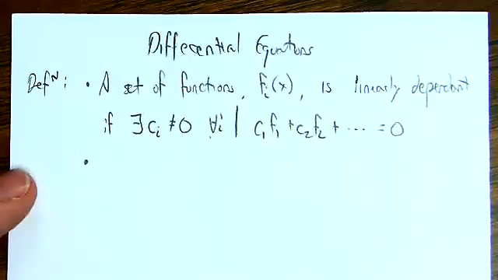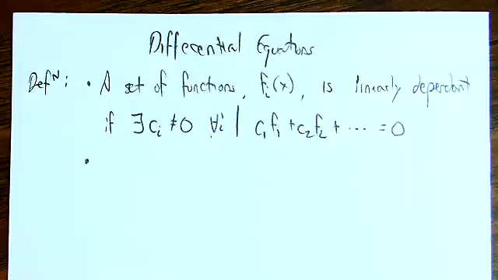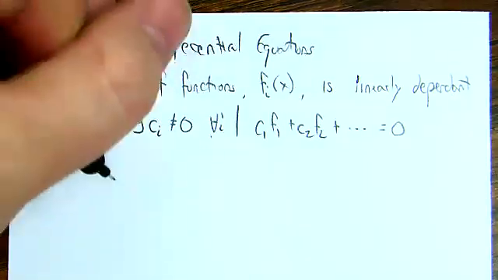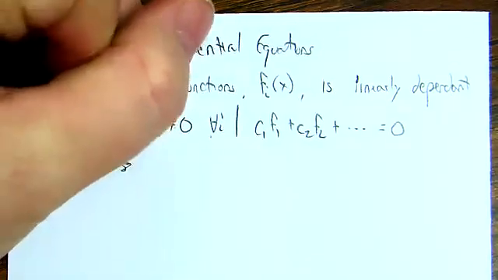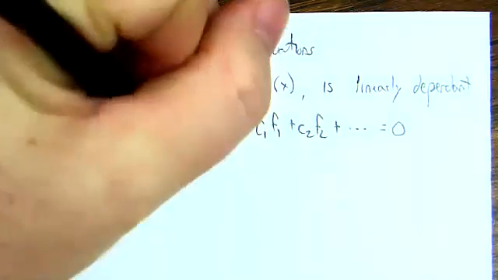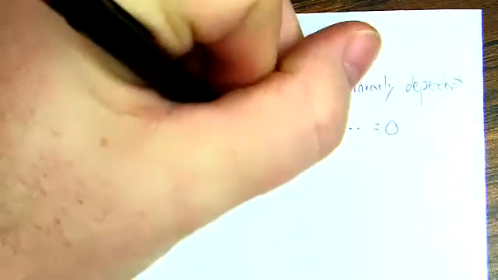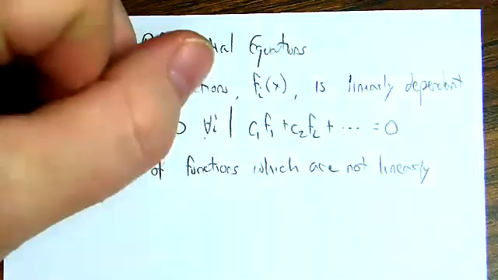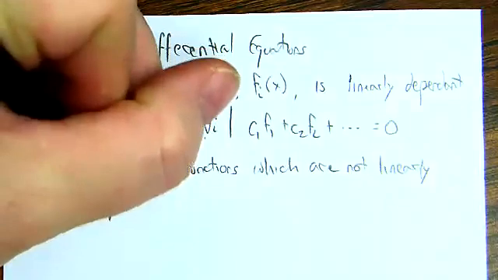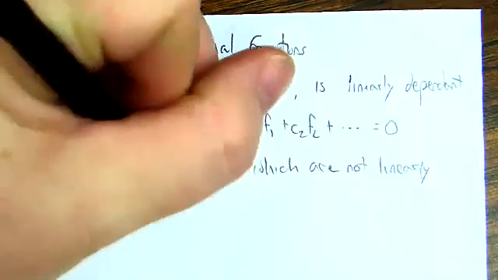And if this condition fails, then we have a set of functions which are not linearly dependent, is said to be linearly independent.